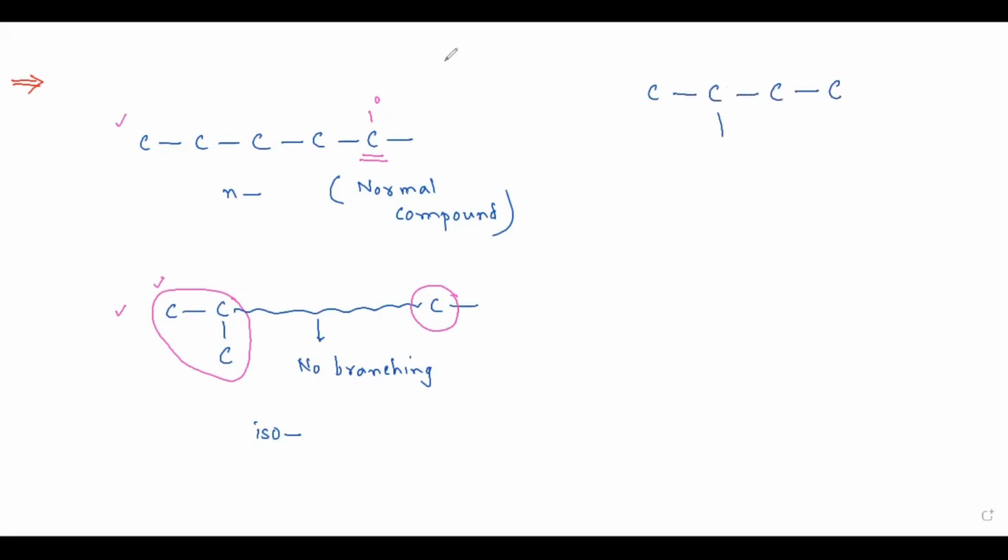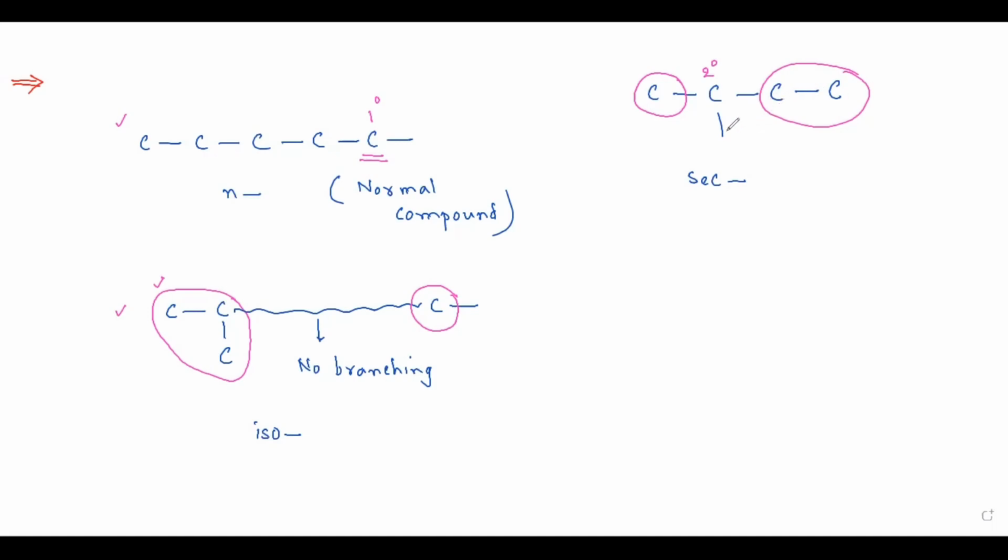Next. Now the point of attachment is at this carbon, which is of secondary type. So this kind of an arrangement is called a secondary arrangement and is represented by sec dash. Look at the same thing in a different way. If it has just one carbon on one end, two carbons on the other end, one carbon on one side and two carbons on the other side, then it is called secondary.